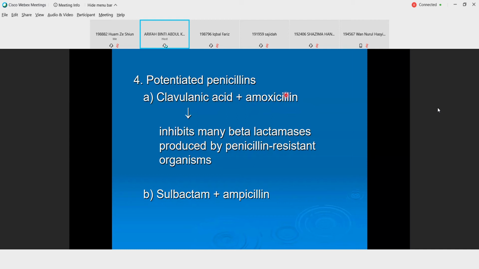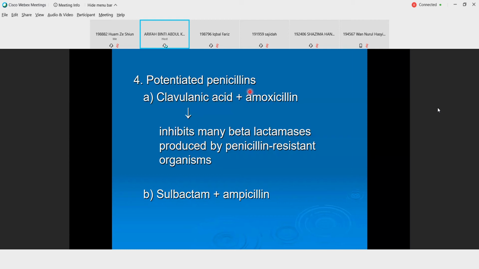Amoxicillin itself is a broad spectrum antibiotic, but it is combined with clavulanic acid to produce the desired effect. That means it's a very potent drug among the other drugs in the group. That's why it's stated as potentiated penicillin.